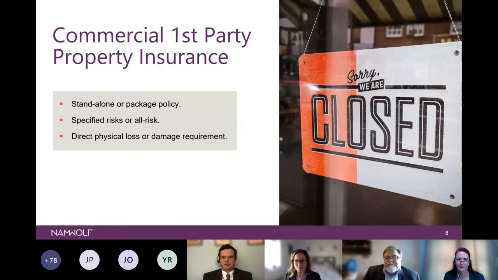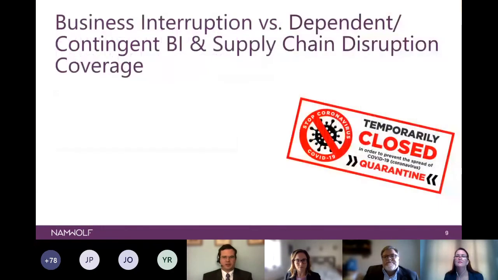In some jurisdictions, there's been case law saying that whenever a property has been rendered completely uninhabitable, then that test is met, so that you've met that requirement to have a direct physical loss to covered property. But not every jurisdiction has dealt with that issue in a way that's necessarily going to be helpful. But even if the jurisdiction has, you're going to have some other issues.